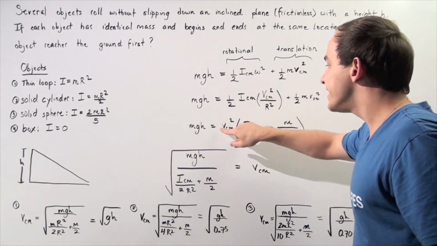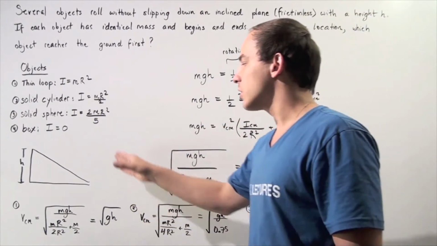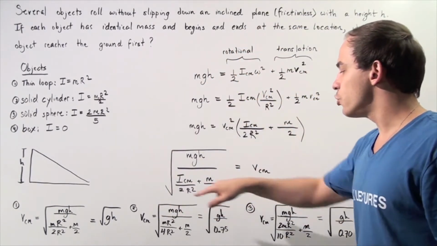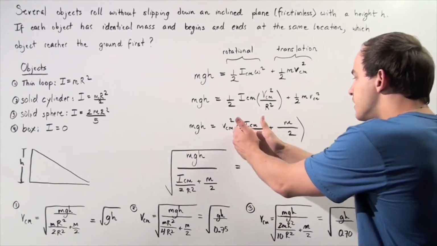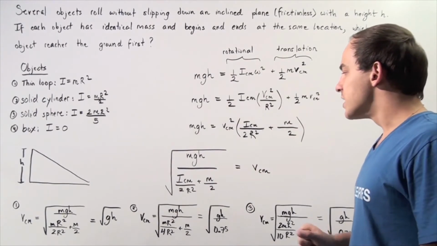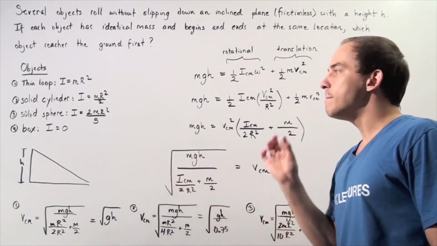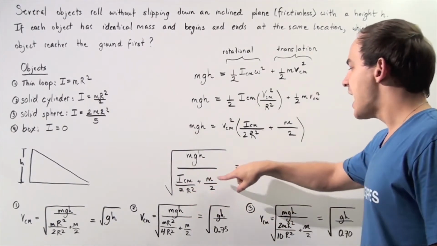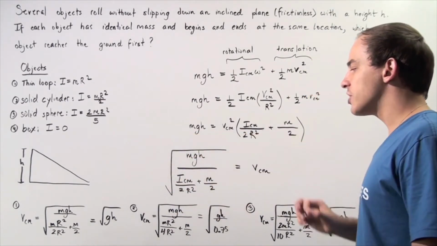And now we can solve for the velocity at the bottom of our inclined plane, and we get the velocity is equal to the square root of mgh divided by this entire term, because we bring it over to the left side. So we get mgh divided by I about the center of mass divided by 2r squared, plus m divided by 2. And the whole thing is square rooted.